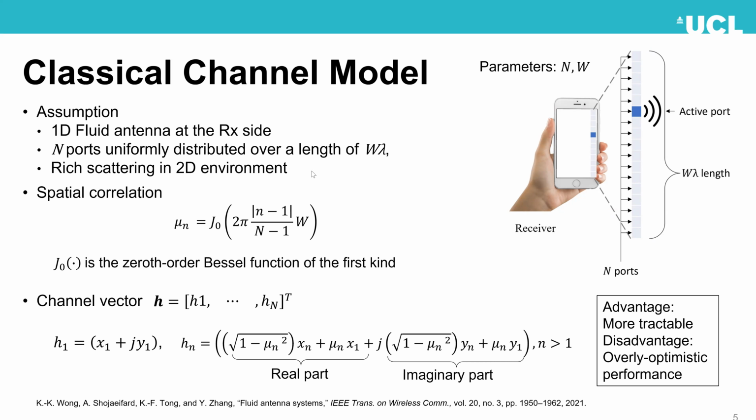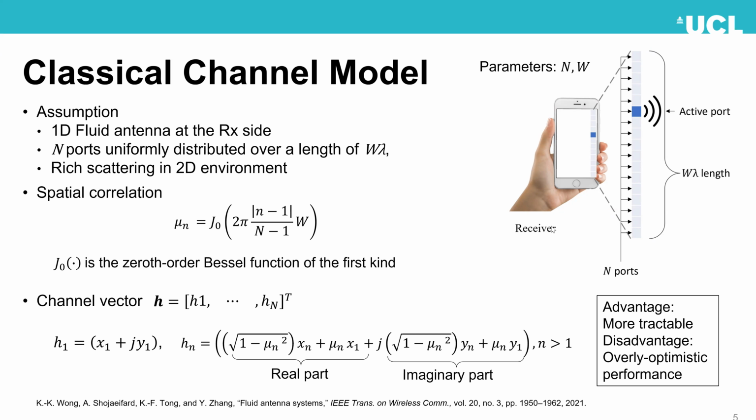Okay. The environment in this model is 2D and it has rich scattering effect. Now, the spatial correlation of the N ports can be modeled using this equation here, where J0 is the zero order Bessel function of the first kind.